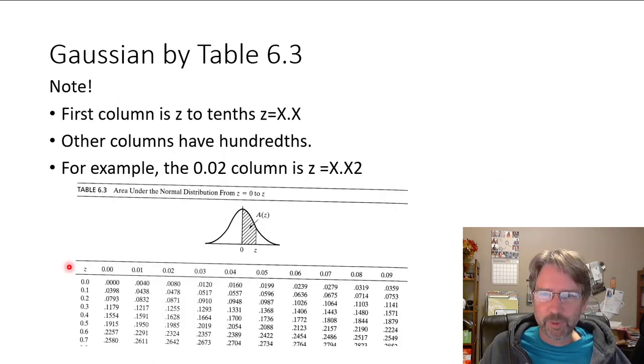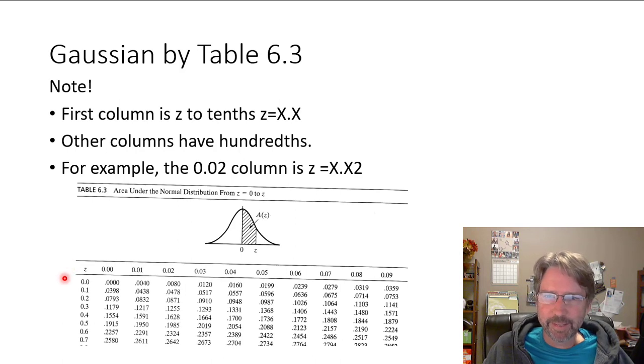There's one more confusing thing about this table 6.3, and it's just to make it very compact. What we have is the value of z, and we just have the area as a function of z. So it's really just two columns, but to make them fit into this table, they run across the rows. The z column here is the tenths, and then up here is the hundredths.